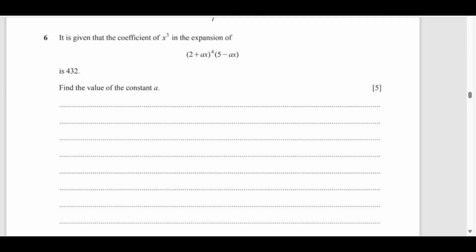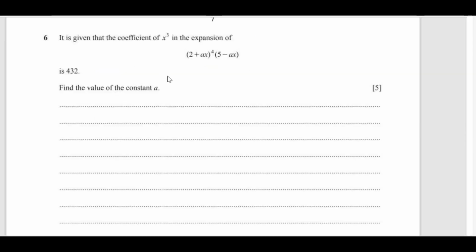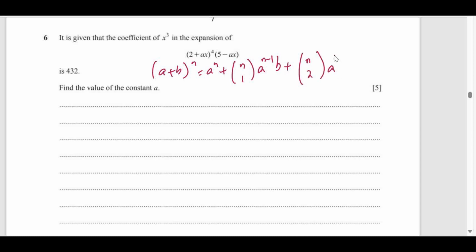For this one, we need to use the binomial expansion. We know the binomial expansion formula: (a plus b) whole power n is equal to a power n plus nC1 a power n minus 1 b plus nC2 a power n minus 2 b square, and so on.